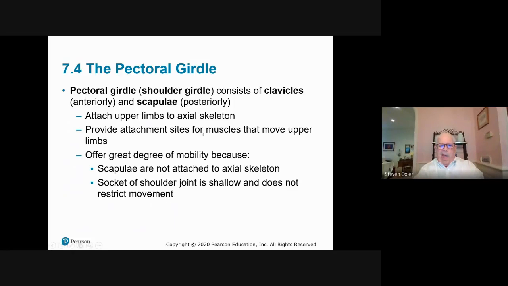It has a tremendous amount of mobility because the socket of the shoulder joint is shallow. That's the reason. And the shoulder blades are not attached to the axial skeleton. So you have a lot of movement of your arm compared to your hip, which we'll talk about in a minute.